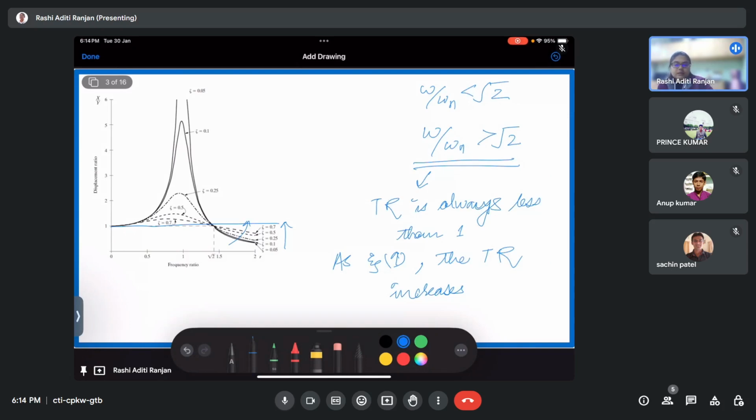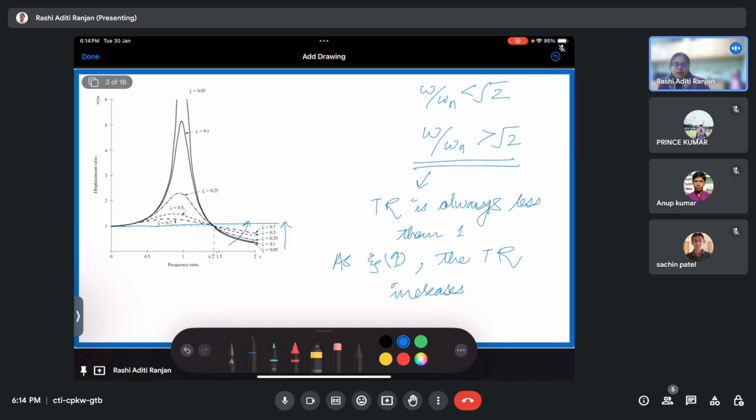I model the system in terms of a spring mass damper system, and then I try to find out the value wherein the omega should lie so that the vibration is damped out. So as you can see, for any case, if omega by omega n is greater than under root 2, then the transmissibility ratio is less than 1, which means that if our base is vibrating with an amplitude of 1, the vibration that is transmitted to the mass is always less than 1.